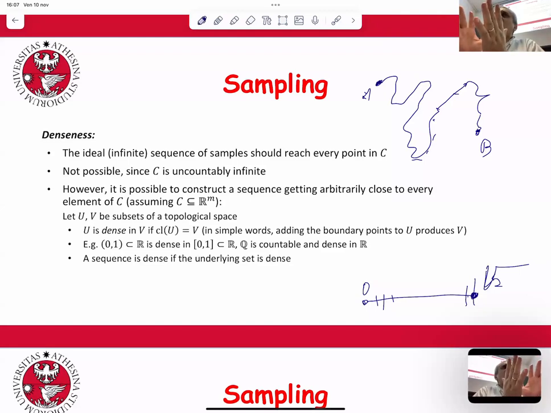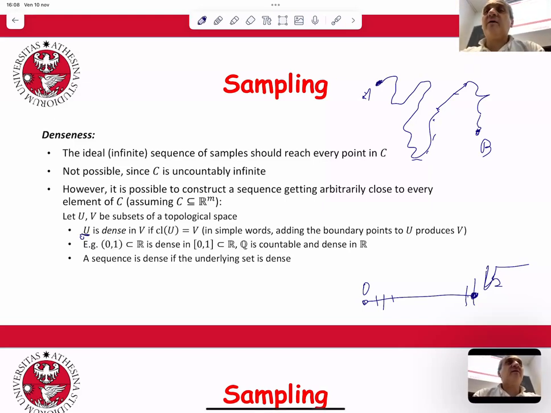Is it clear? This is a subtle point. And this has to do with the notion of density. Okay? What does it mean? First of all, I give you the definition, and then I try to explain why this definition is relevant.